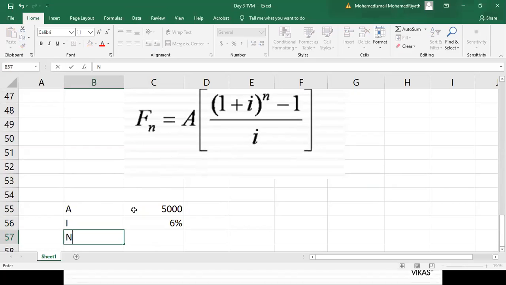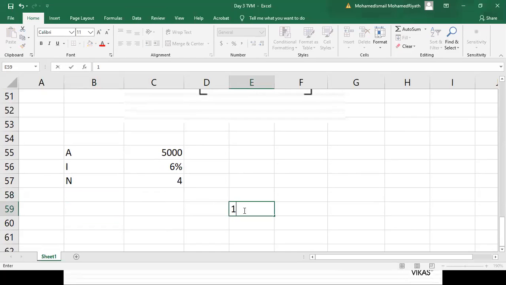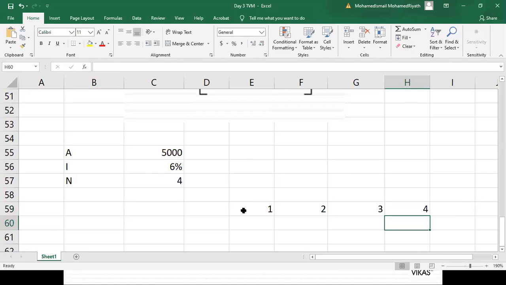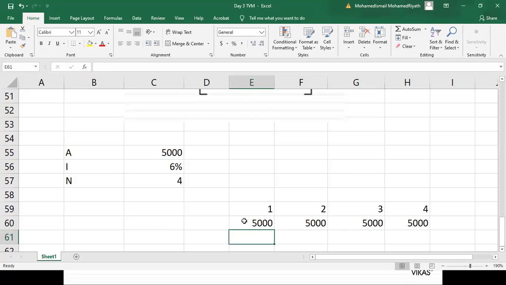Number of years is 4, right? So when we draw a diagram, it looks like this: end of each year, year 1, year 2, year 3, year 4. He deposits 5,000, 5,000, 5,000 at the end of the third year, and the end of the fourth year also 5,000. He deposited and it pays 6%.